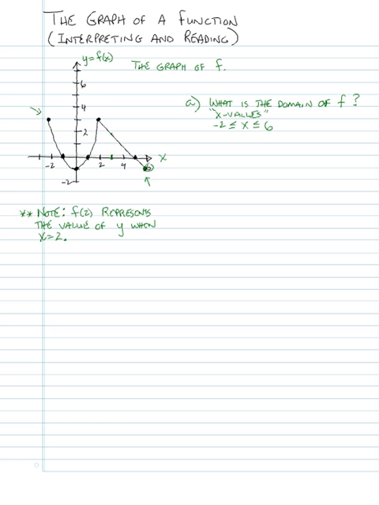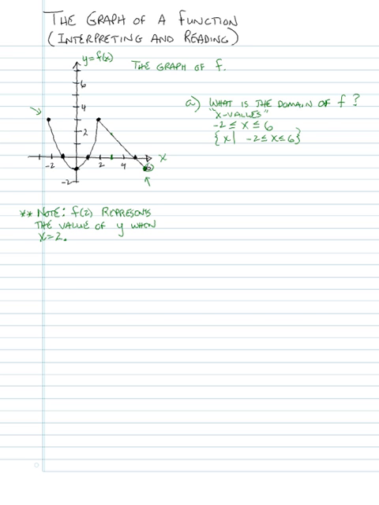So if we were writing that in set builder notation, it would be the set of all x's such that x is between -2 and +6 inclusively. It means the -2 and the +6 are both being used. So it's not very difficult.